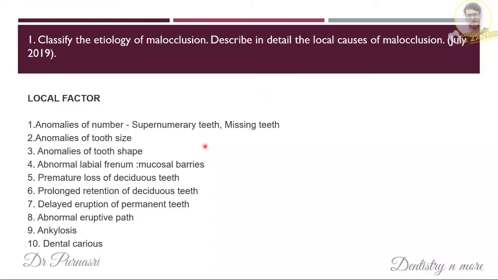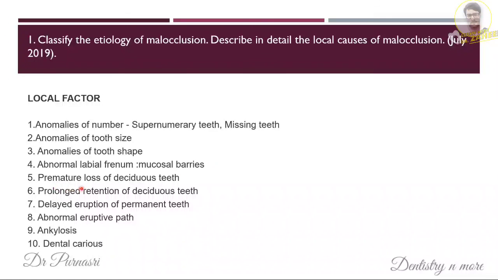If the teeth are small for the jaw, there will be spacing. And then there are anomalies in tooth shape, for example, the lateral incisors can be peg shaped. And then there is abnormal labial frenum, so mucosal barriers. If the labial frenum of the upper is thick, then that can cause the midline diastema.